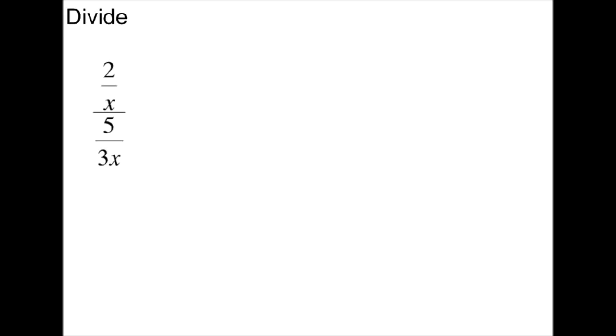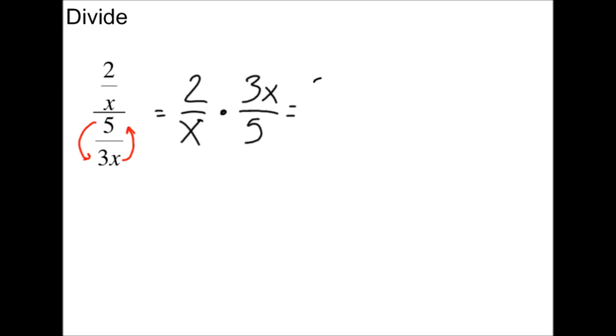Okay, so let's see what this looks like with variables. So again, we want to flip the bottom one. So let's rewrite the top. And now instead of the division, we put multiply, and we flip the bottom.